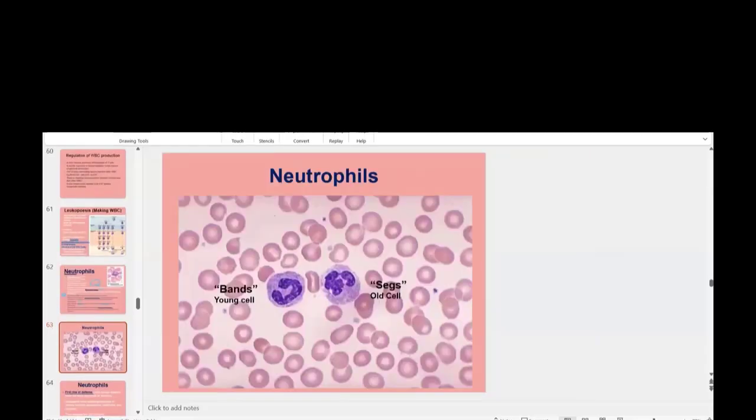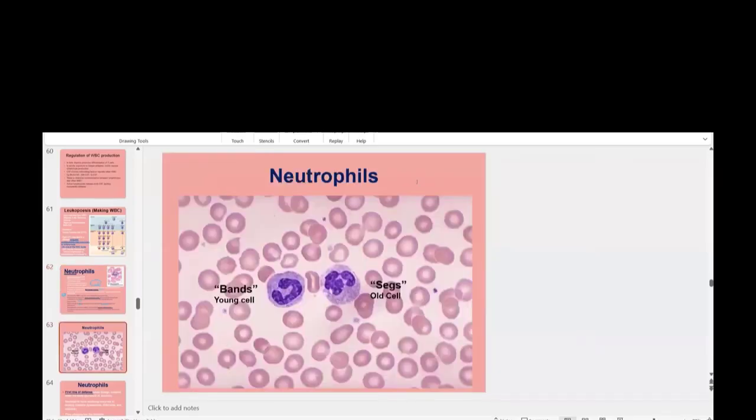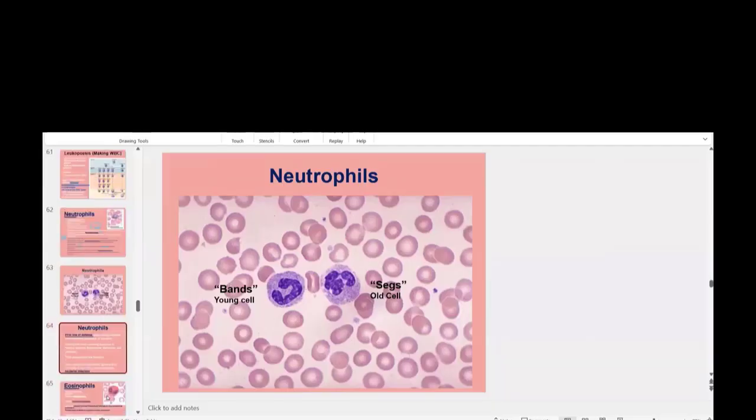If you see over here, I talked about how the more segments the nucleus has, the older the WBC is. In this picture you can see it is more segmented, and that's why it's an older cell. And this is more like a band. You can't see much segmentation, so that's a younger cell.